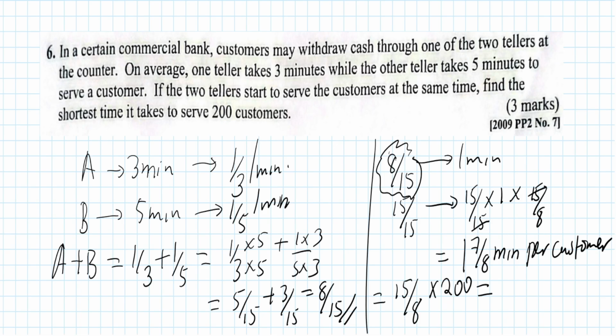So times 200, you're going to get 375 minutes, which if you change it into hours is around 6 hours and 15 minutes, or 6.25 hours. So it's very simple.